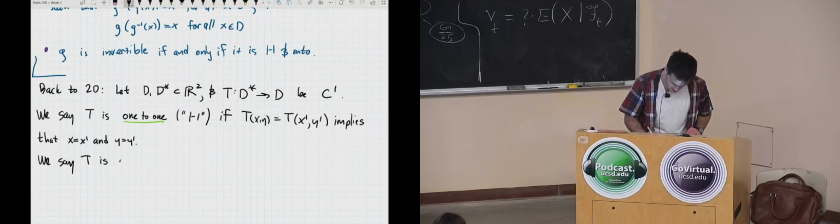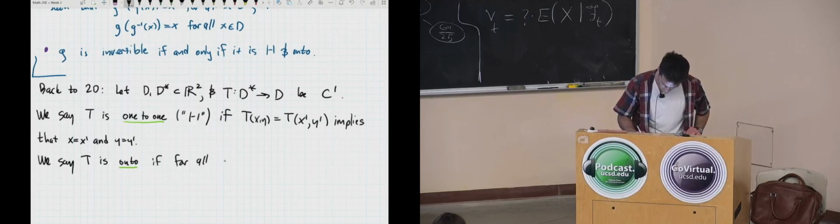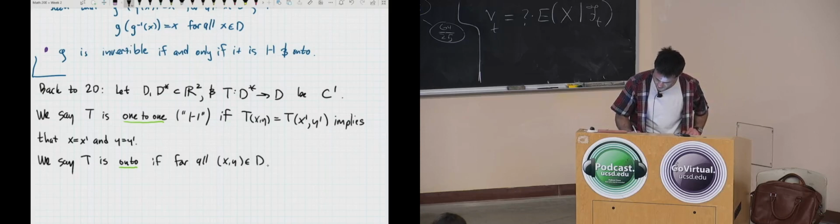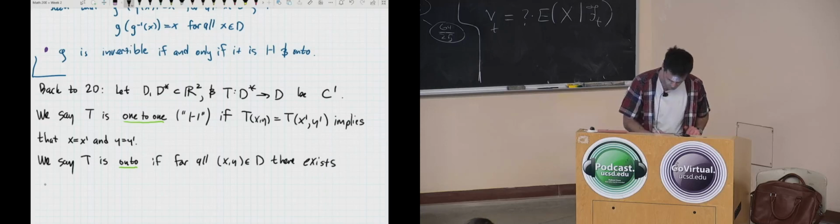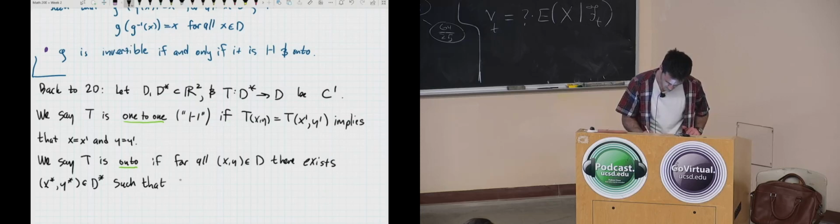We say T is onto if for all x, y in the target space, there exists a point, at least one point, x star, y star in the domain such that T of x star, y star is equal to x, y.